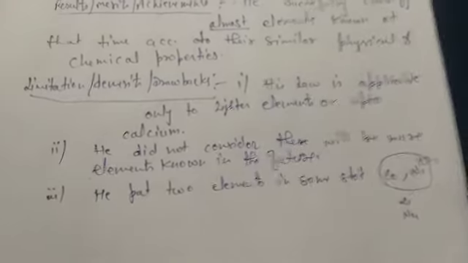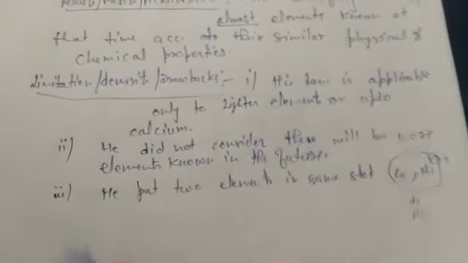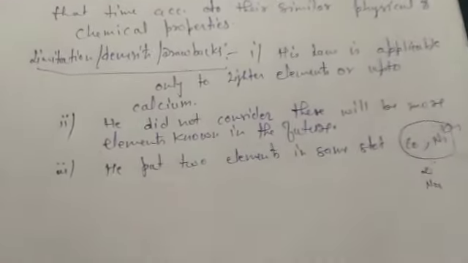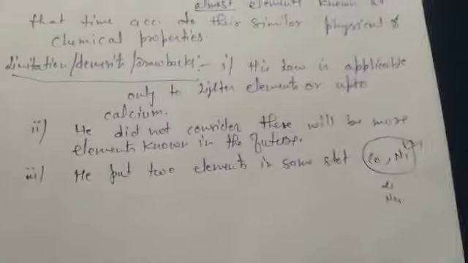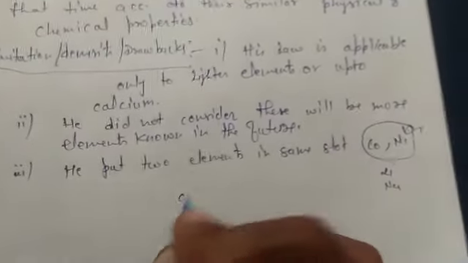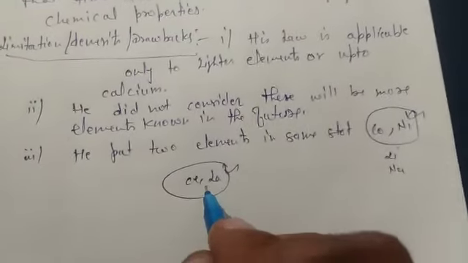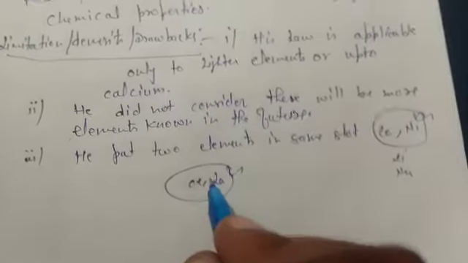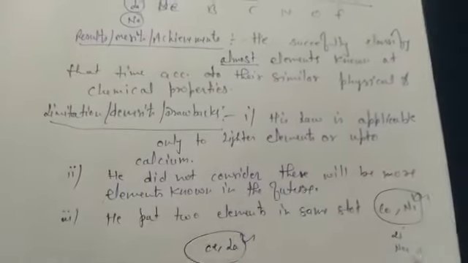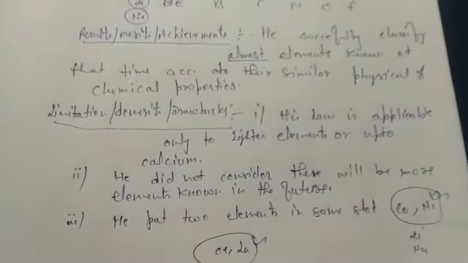Like he also put some metals in the halogen family, while their properties are not completely matched with them. Like cerium and lanthanum, he put in the same slot, while their properties are different. So that is another limitation regarding Newlands' classification.